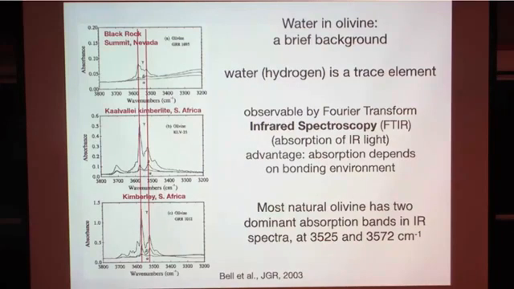The energy absorbance is optimum in these natural crystals from a number of different locations at particular wave numbers, 3572 and 3525. So that says something about the bonding environment of the hydroxyl.